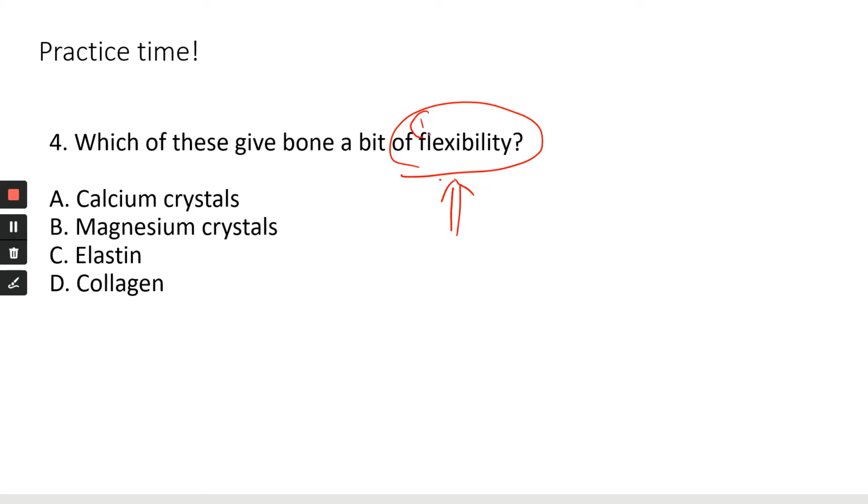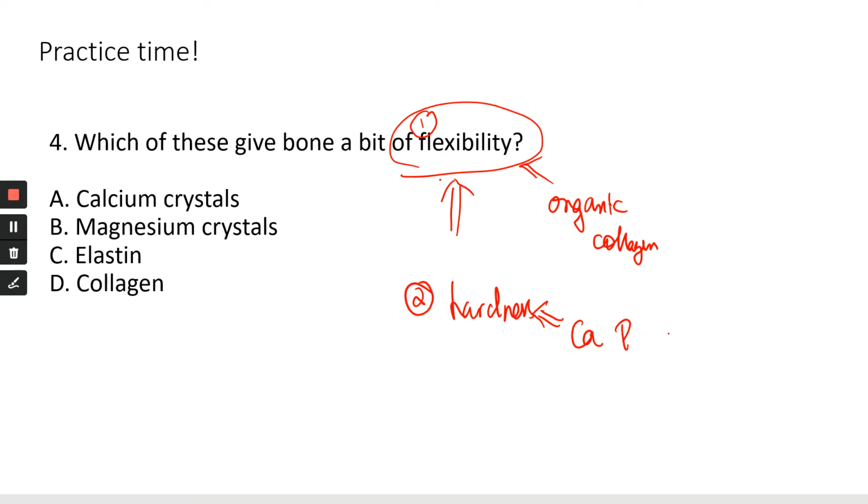The first one is flexibility, and that's provided by the organic components, especially collagen fibers, right? And the second characteristic is hardness. Hardness is provided by inorganic calcium salts, right? Calcium and phosphate salts.